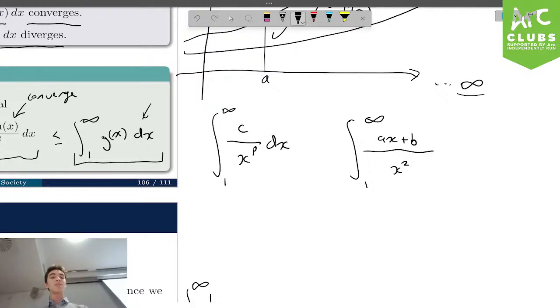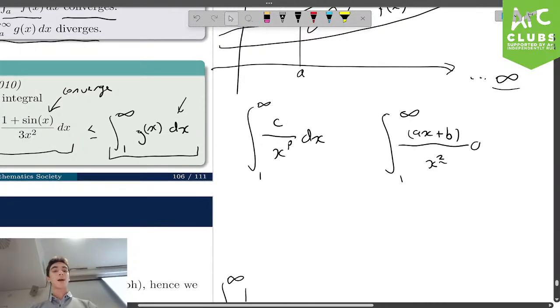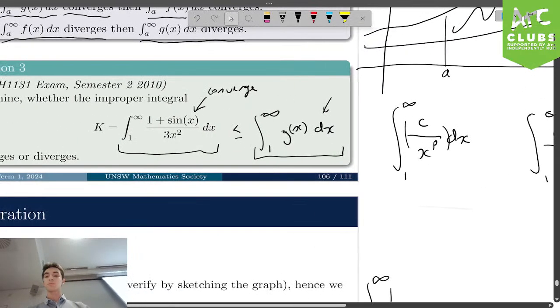If you apply the p-test, you would say, hey, 2 is larger than 1, it must converge. But because you've got that linear term at the top, it actually grows a bit bigger than 1 over x squared, and it wouldn't actually converge, right? This one would not converge. That's why we always look for a form like this to apply the p-test.